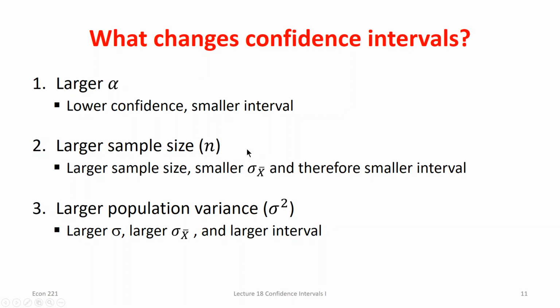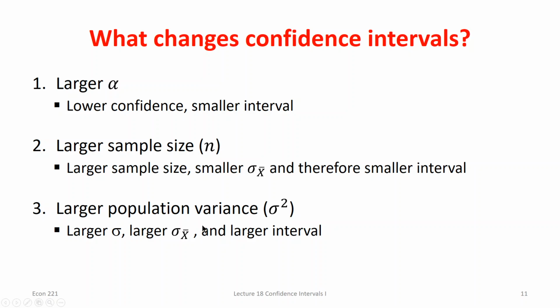If I jack up my sample size, I increase it a whole bunch, it's going to drive down that standard deviation of my sample mean. It's going to make it a narrower distribution. And so when I add and subtract that margin of error, and this is really, really small, then that's going to make my interval small. So I'm able to pinpoint down. I can say, look, in this very small range of values, this confidence interval I've created, this is where the population mean lies.